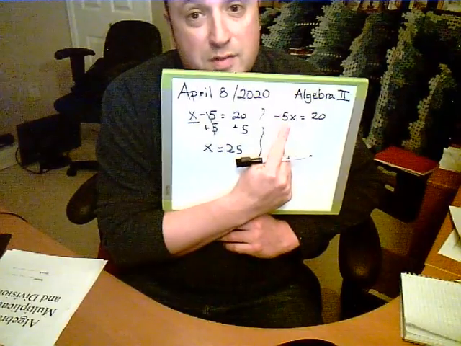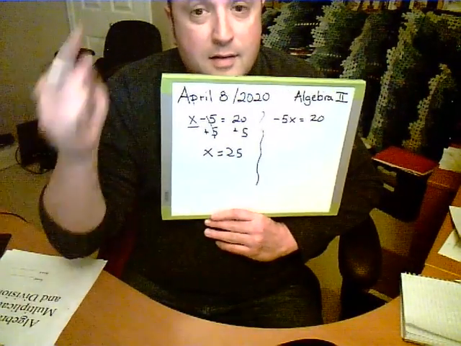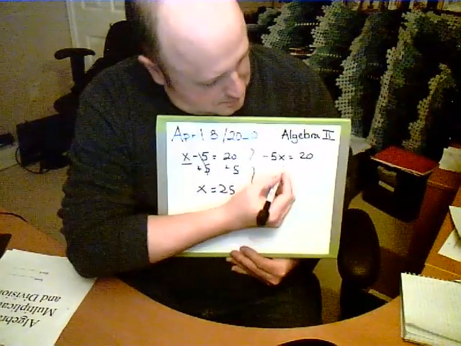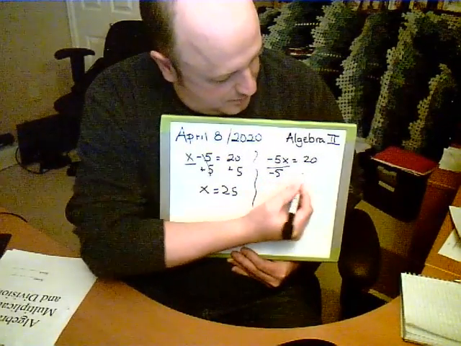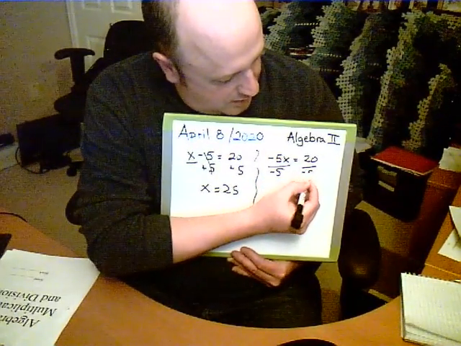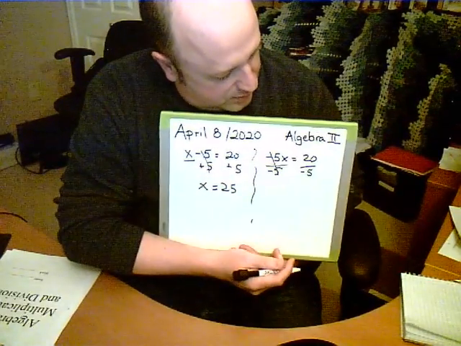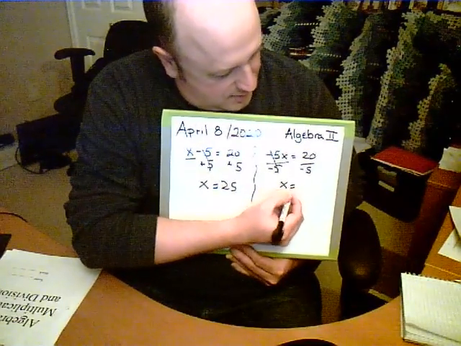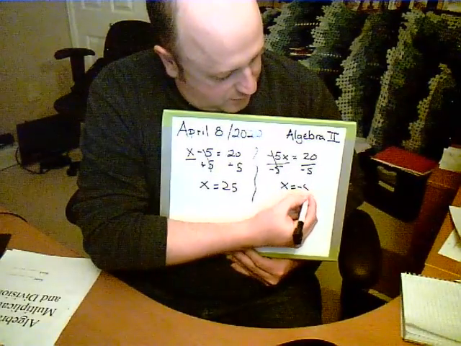So to do the opposite of times by minus 5 would be to divide by minus 5. So we write it like this. I'll divide here by minus 5. And if you need your calculator, it will calculate that out for you, and that gives you x, and then 20 divided by minus 5 is negative 4.